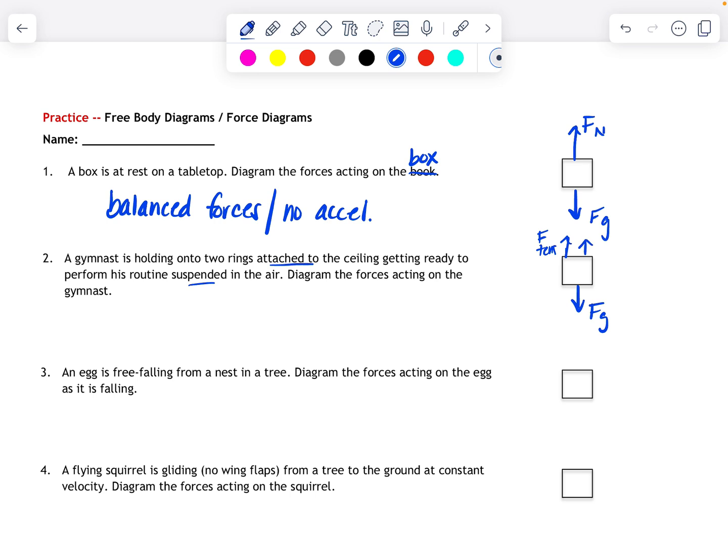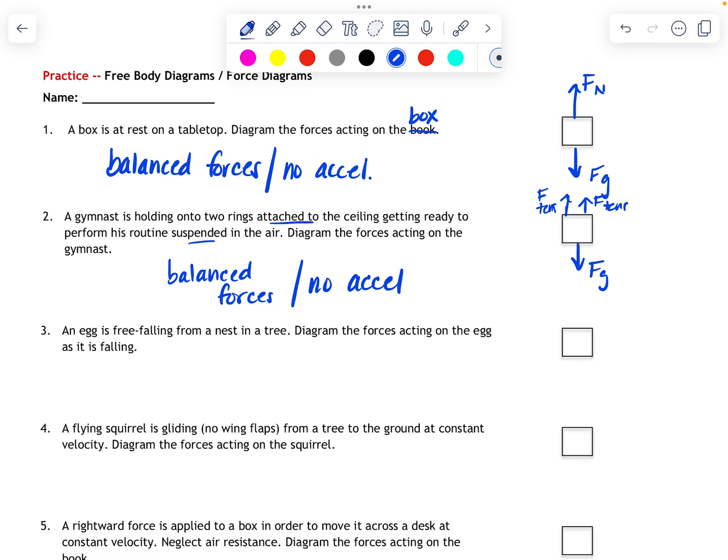And we also still have the normal force. We'll do the tension here. So we've got the 2 tension, the 2 things holding it up. I guess they replace the normal. But we've got balanced forces again because they're not moving, and no acceleration. So it's all balanced out.